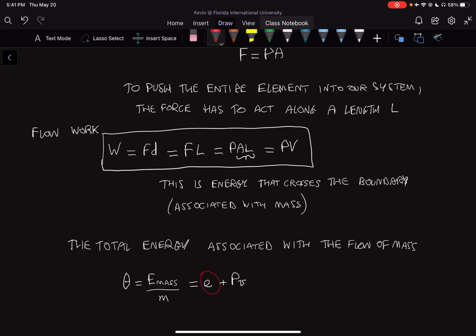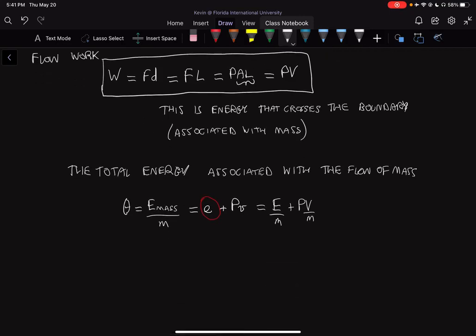So this could have been written as E per mass plus PV divided by mass, and can be rewritten as little e plus P specific V. Okay, so we're using specific energy and specific volume, as well as specific energy associated with only mass.